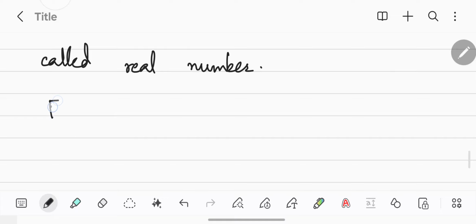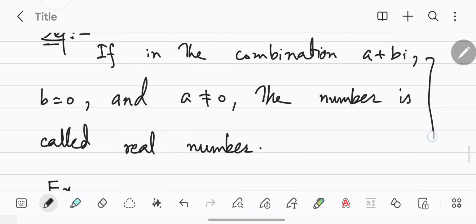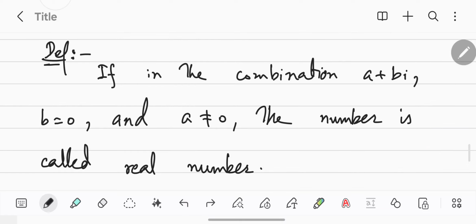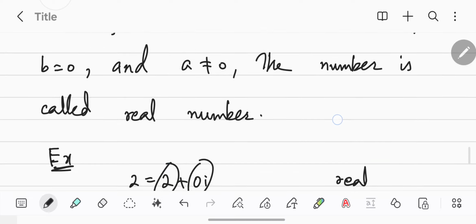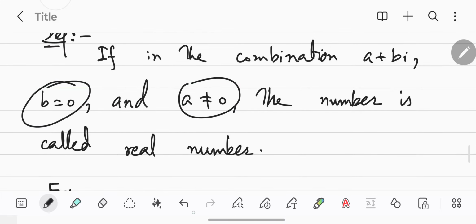Here are examples of this definition. For example, 2 is a real number. You know 2 is a real number? But I can write 2 as 2 plus 0 iota. And by this definition, you can check b is 0 and a is not 0, right?